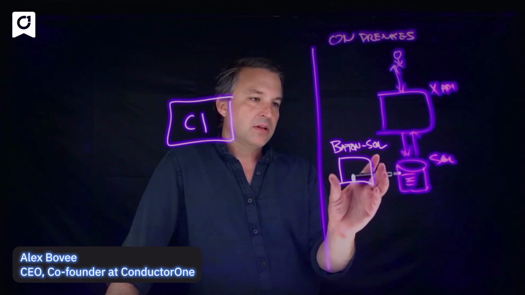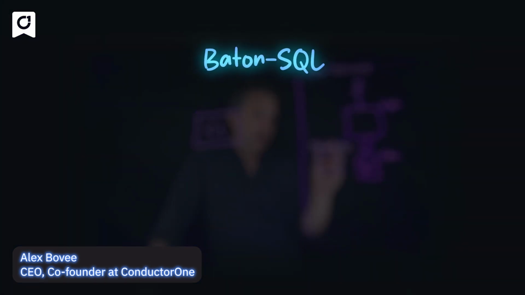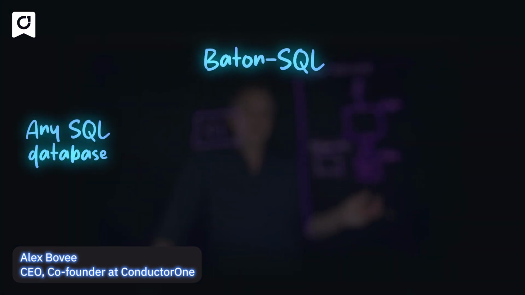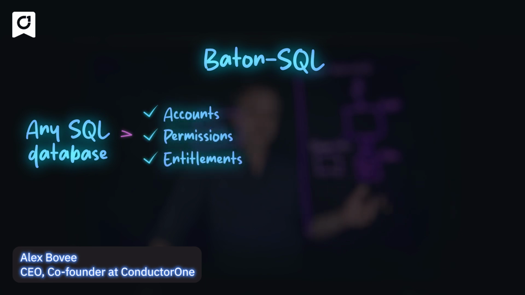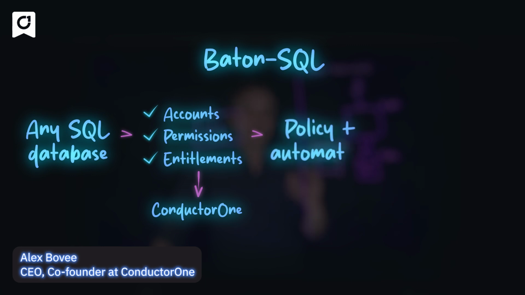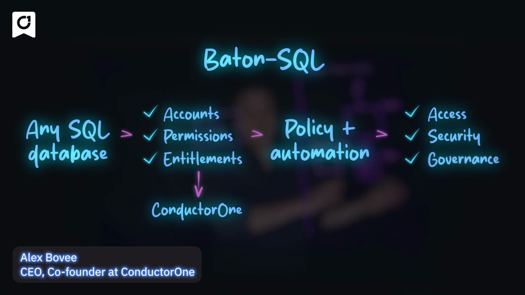And what Baton SQL allows us to do is actually connect to any bespoke backend SQL database, understand the accounts, permissions, and entitlements within that system, sync that back to ConductorOne, and then use policy and automation on top of that data model within the ConductorOne application to apply access changes, security, and governance downstream.